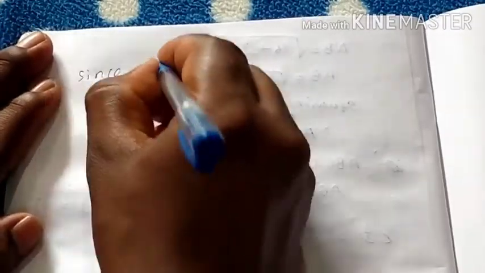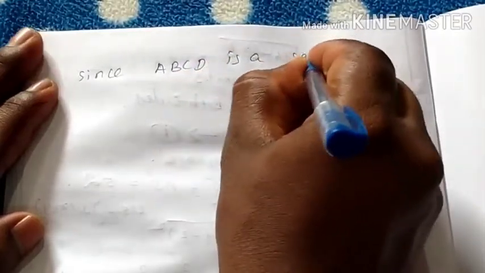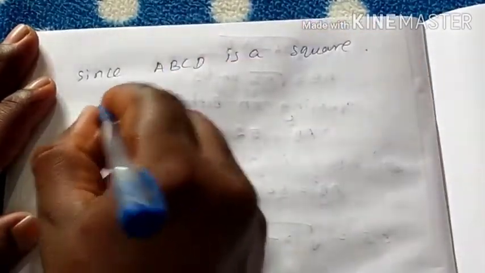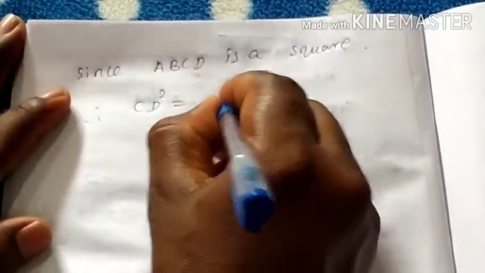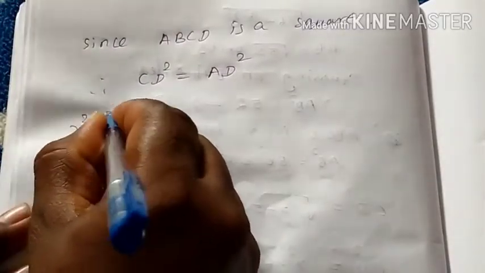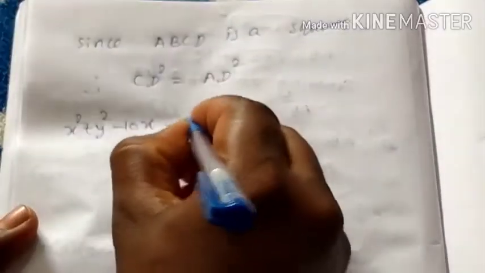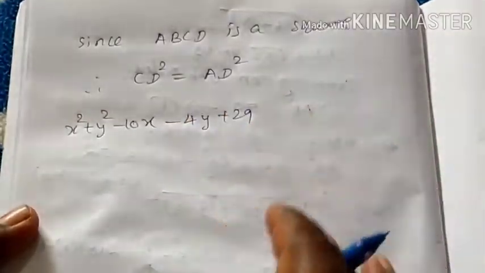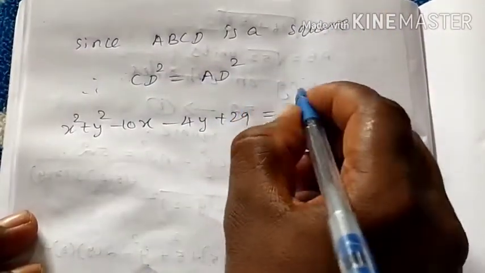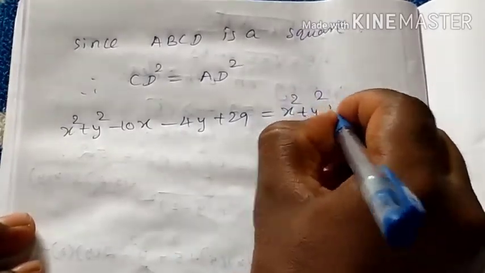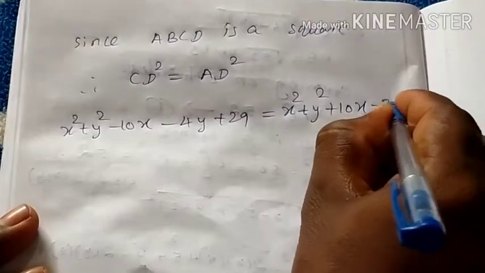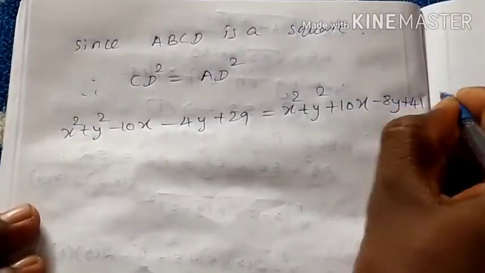Since ABCD is a square, therefore CD square equal to AD square. x square plus y square minus 10x minus 4y plus 29 is equal to the AD square values, x square plus y square plus 10x minus 8y plus 41.